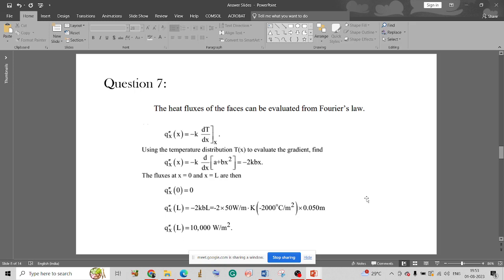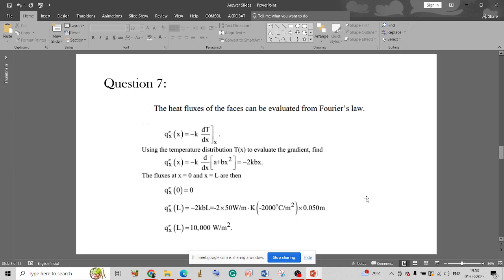If we solve this, then the heat flux comes out to be minus 2kbx. The fluxes at x equal to 0 and x equal to L: at 0, it will be 0, if we put 0 at x's place, and if we put L at x's place, it will be minus 2kbL.